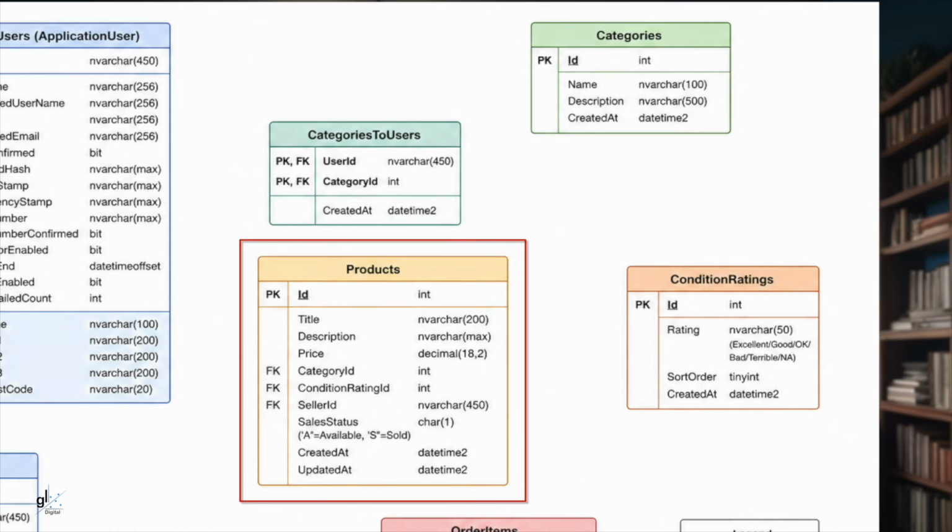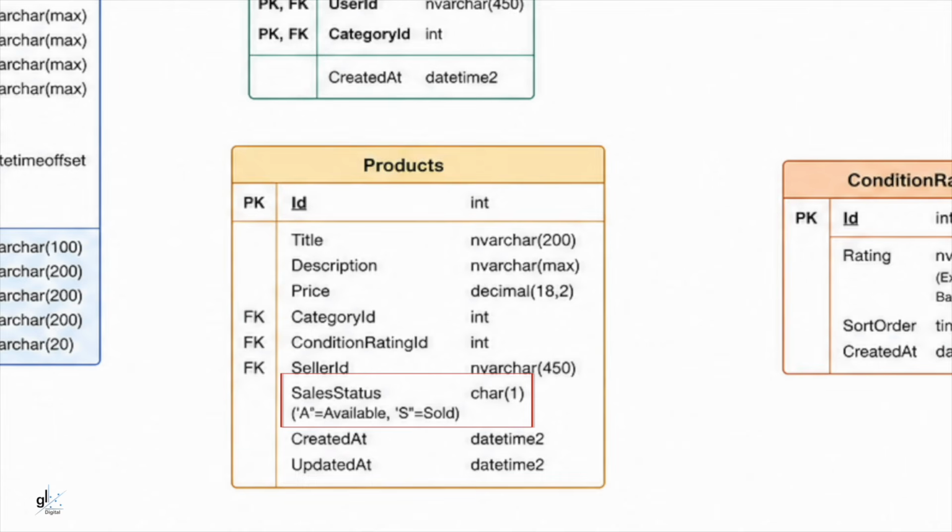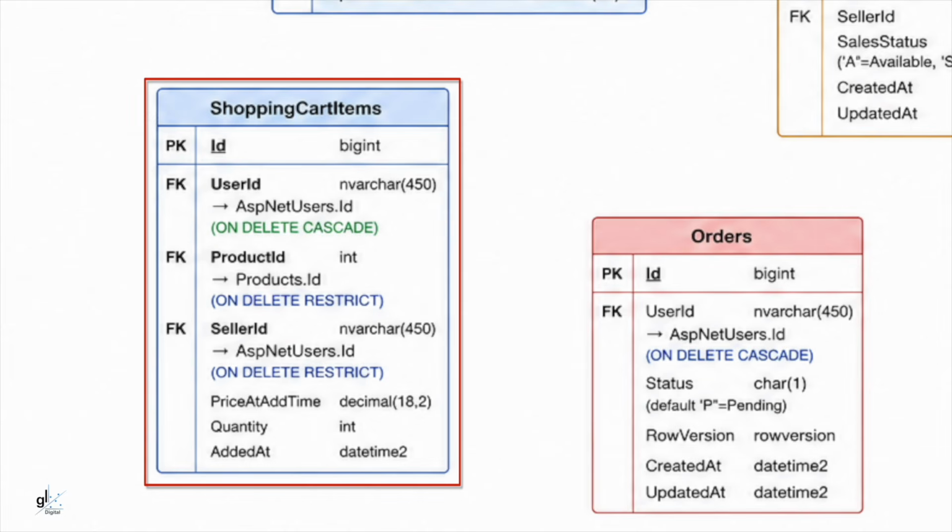Products are listed by sellers and are linked to a single category and condition rating, with each product having an availability status indicating whether it is available or sold. Buyers can add products to their shopping cart where the product, seller, and price are recorded to preserve historical pricing.